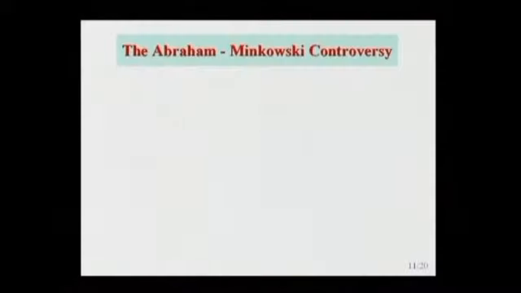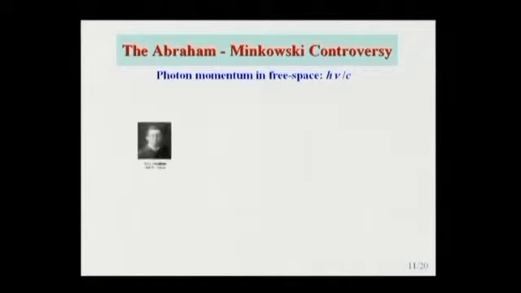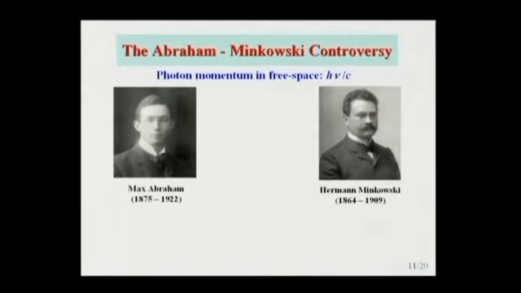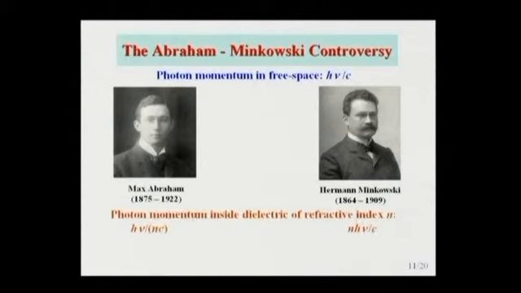One of them is due to Hermann Minkowski, and the other one is due to Max Abraham. And both papers of these two men were published in 1908. So according to Abraham, the photon inside the dielectric has momentum h bar omega over n times c, divided by the refractive index. According to Minkowski, it's n times h bar omega over c.